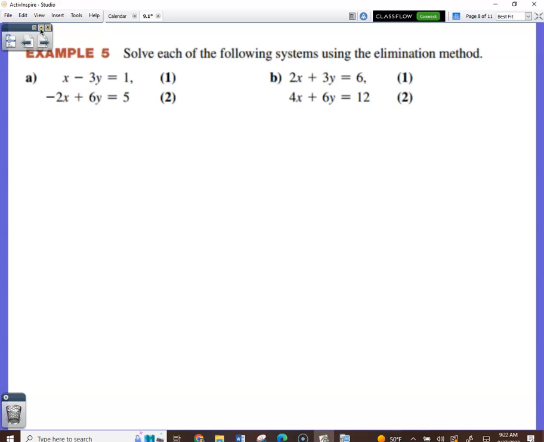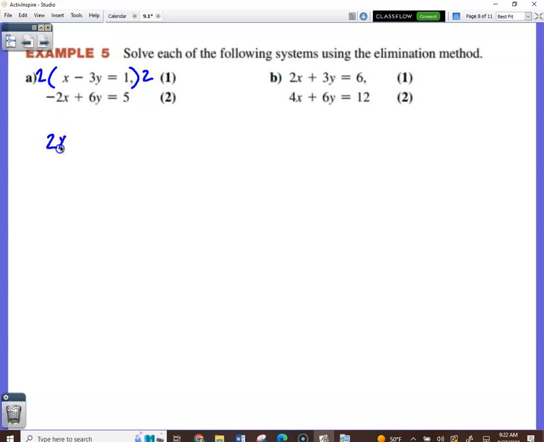I manipulated x. What can I do to make those equations have opposite x coefficients? Multiply the top by 2. Do y'all see that? If this was a +2, x would disappear, correct? So we're going to multiply the top by 2.